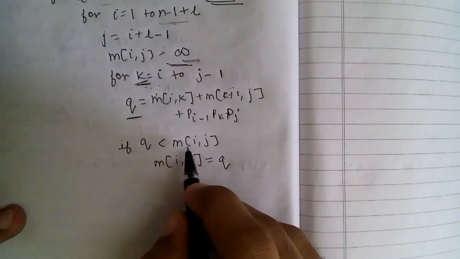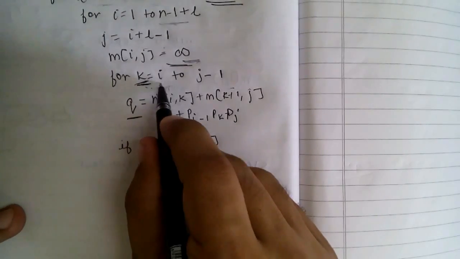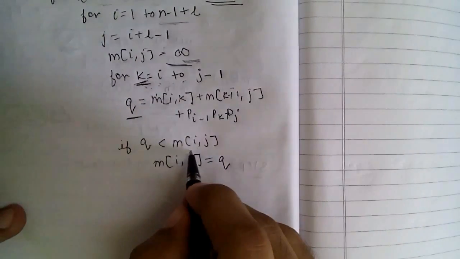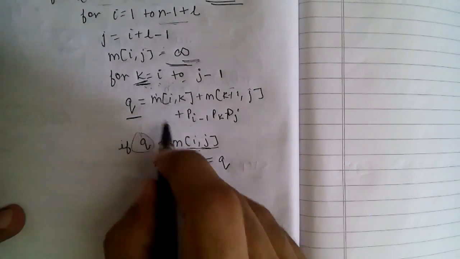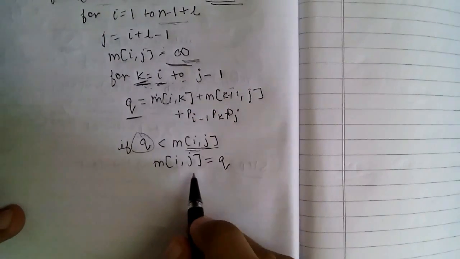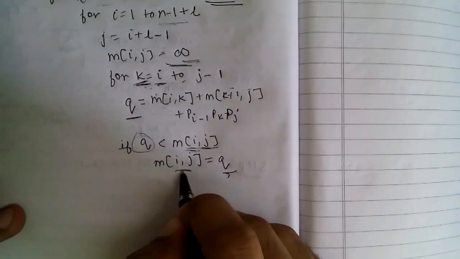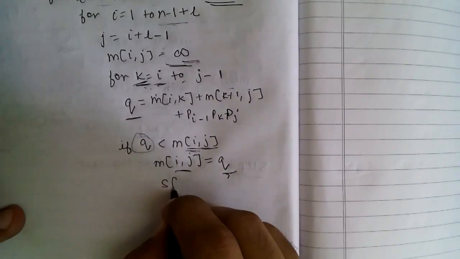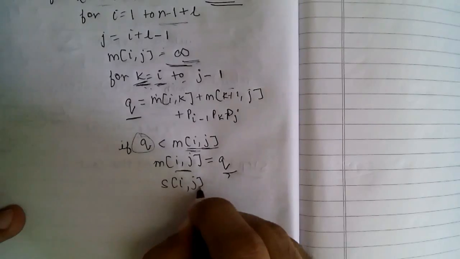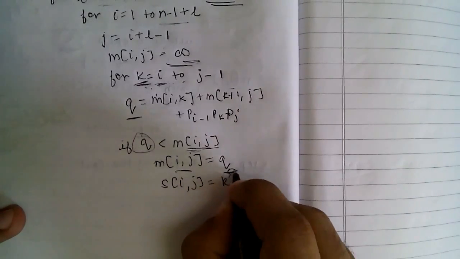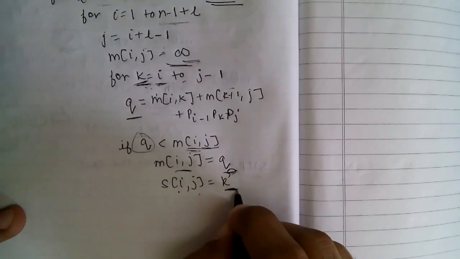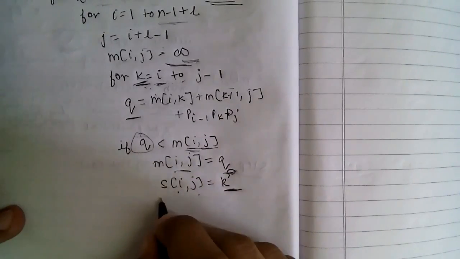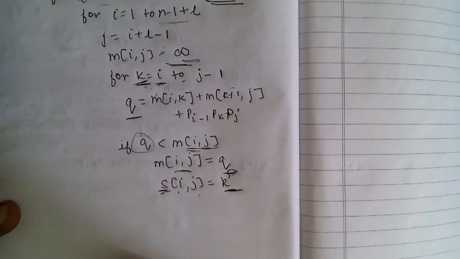If for some k, which is i plus something, this cost is less than what we calculated for the previous value of k, we'll put this new cost in m, and in the other table we'll put the value of k, that is, from A_i to A_j the best place to split is at k, and we store it in s of i, j.